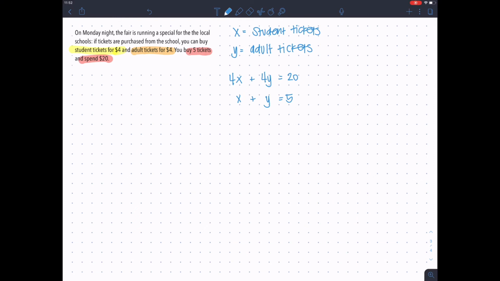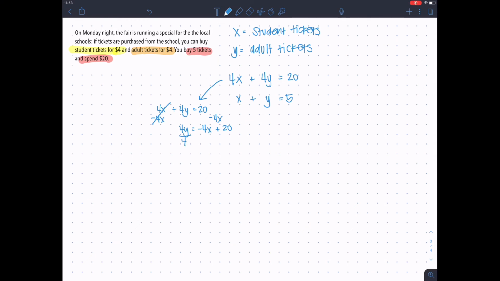Okay, and so I'm going to rearrange these equations to be in slope-intercept form. So let's move this one here. I have 4x plus 4y equals 20. I'm going to get the x on the other side, so subtract 4x. And I'm left with 4y equals negative 4x plus 20.